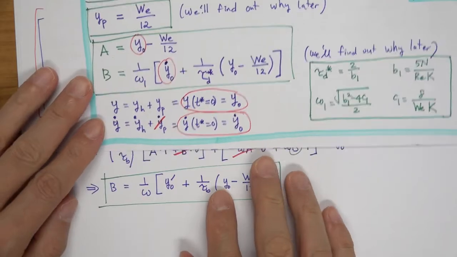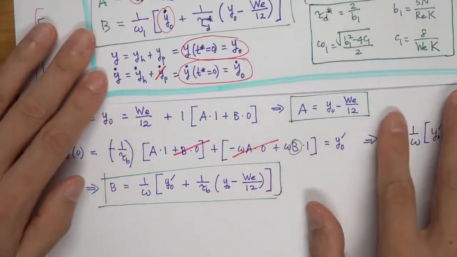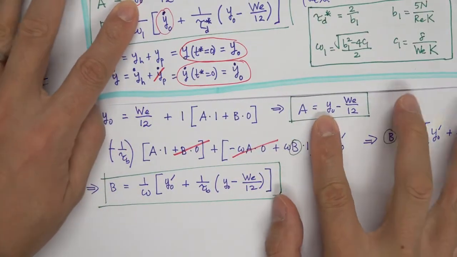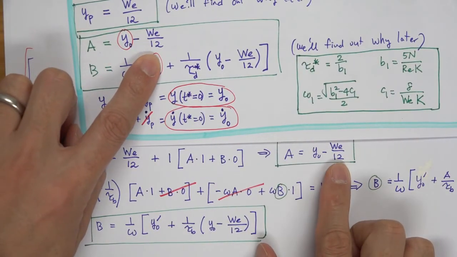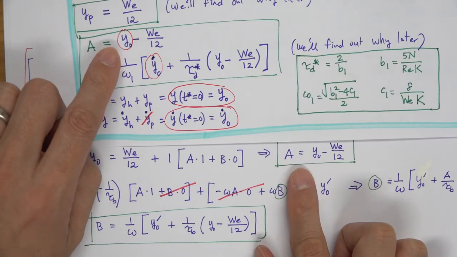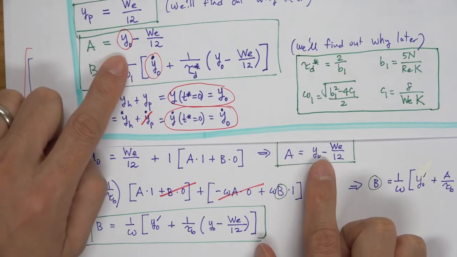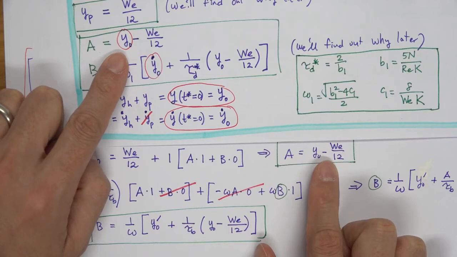That's b. A looks like that, like this, minus, like that. Now a should be the same because a is free of t.